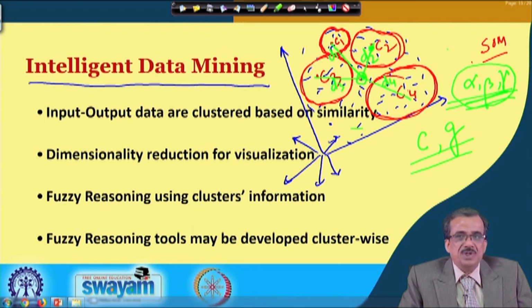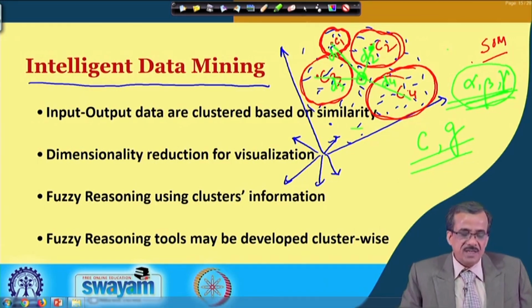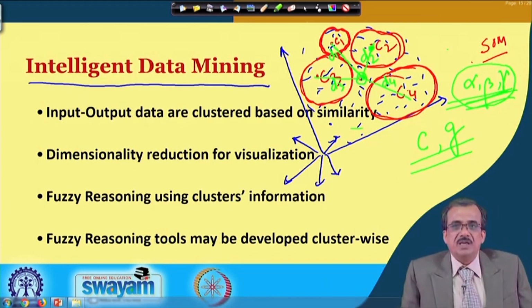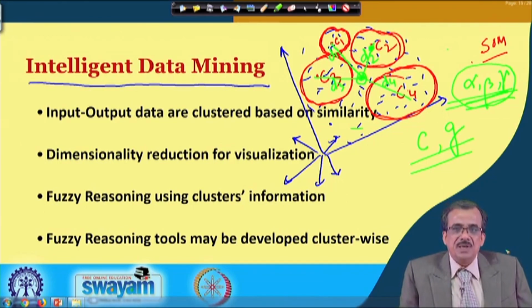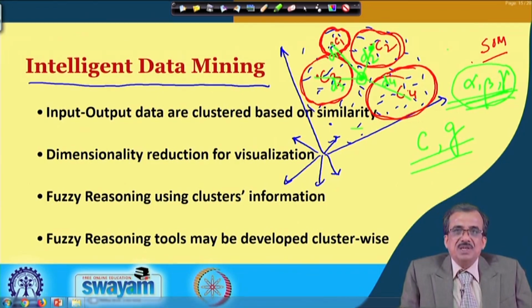If we want to determine the input output relationship, it is better to go for this type of clustering, and clustering based regression, like fuzzy reasoning based regression, or you can use neural networks also, and after that we can combine. This is the way we can develop intelligent data mining tools to determine the input output relationship in a very efficient way.